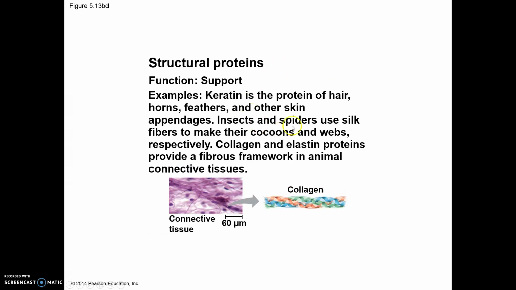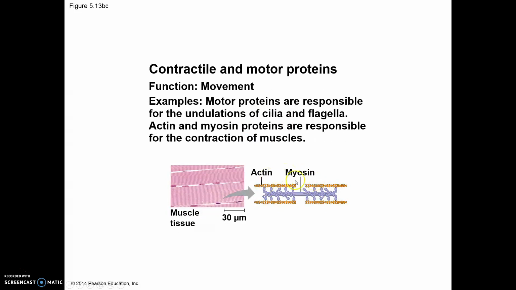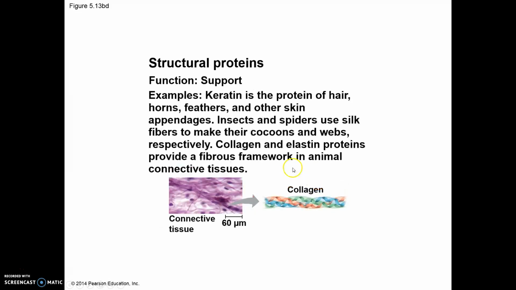We can have structural proteins. Here we saw an example of this with actin. So actin itself is a structural protein, to where myosin is the motor protein. But we also have something in our skin called collagen, which is kind of these three long fibrous proteins wrapped around each other. This is what makes our skin strong.